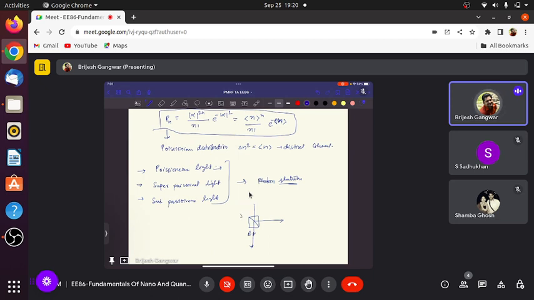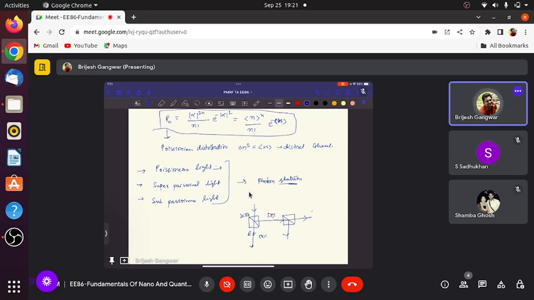If it is a 50-50 beam splitter, 50% of the intensity will go this side and 50% will go this side. And if we put another beam splitter, half the light will go this side, half will go this side.